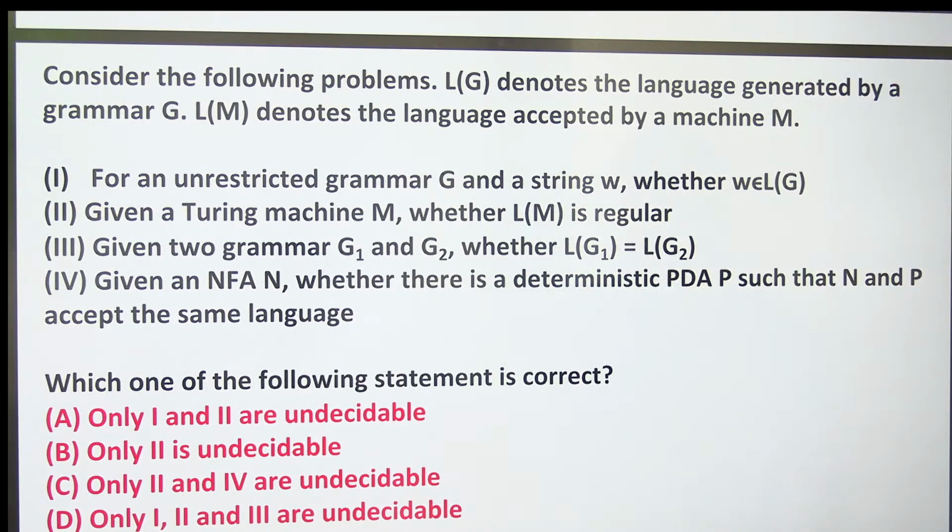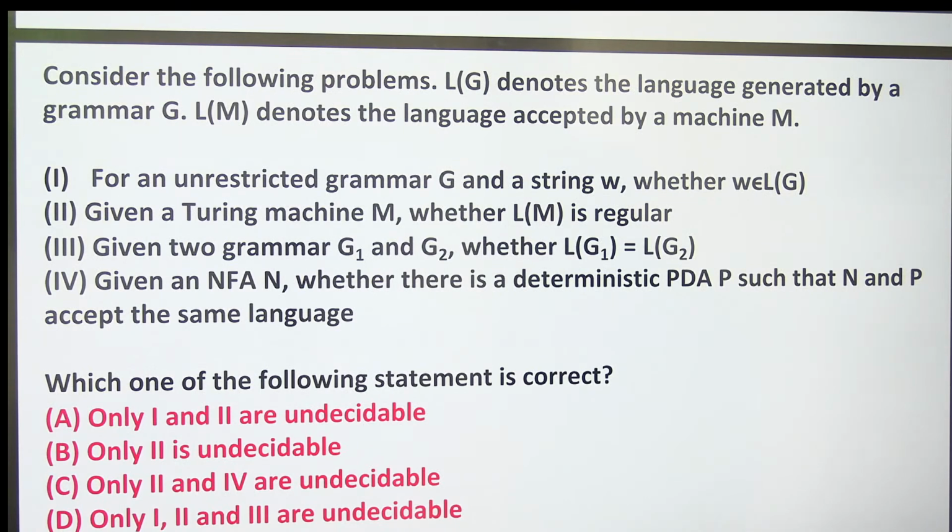Let's check. For an unrestricted grammar G and a string W, whether W belongs to L of G. Unrestricted grammar means Turing machine, right?